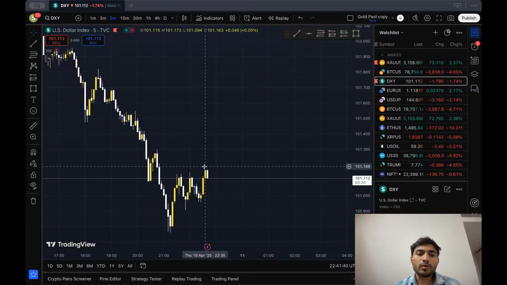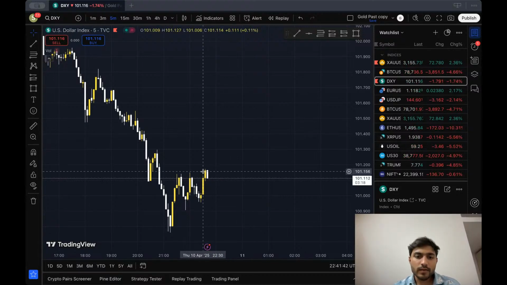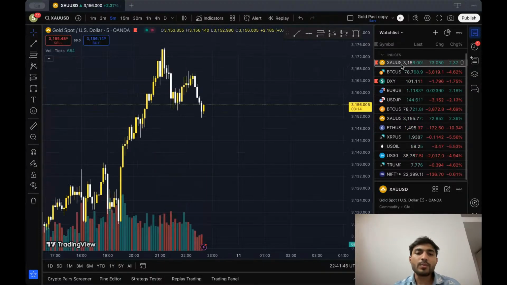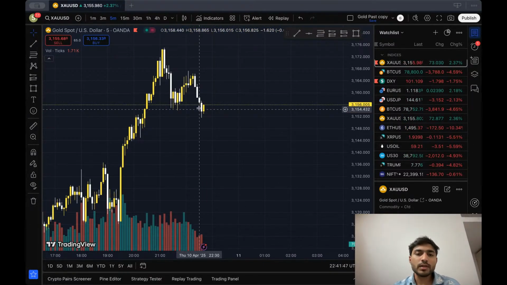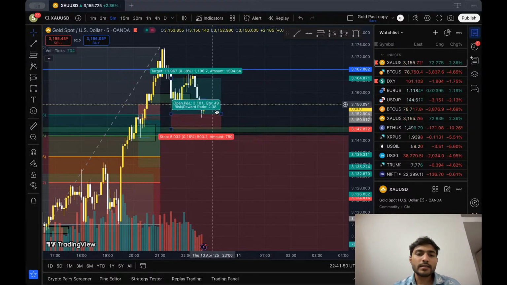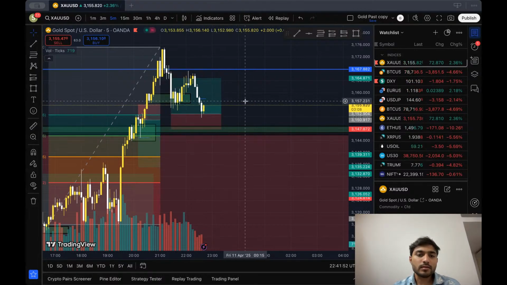You'll see the correlation when DXY is falling even a little bit, gold is bullish. What it's doing is retracing like crazy, right? That is what correlation means.